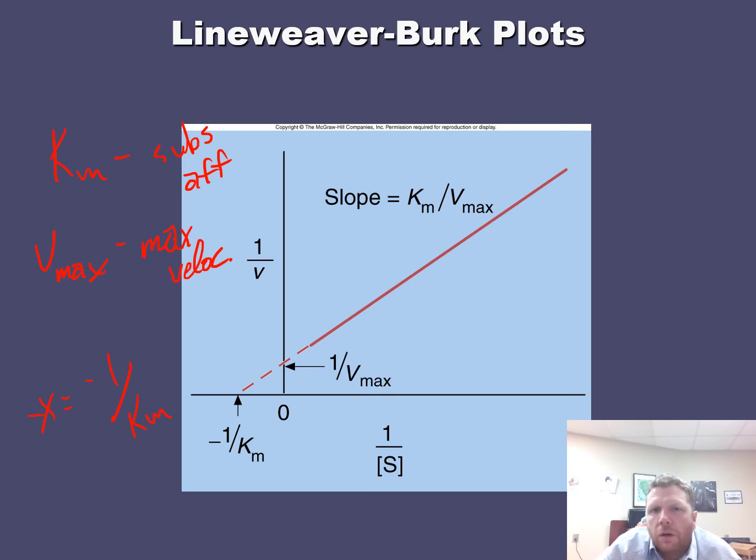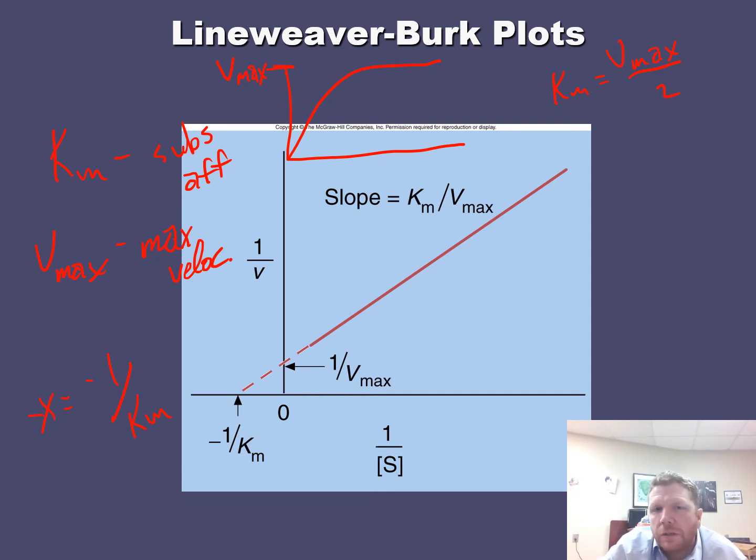So ultimately, when you take the Michaelis-Menten plot, this right here is going to be our Vmax. We can find our Km because our Km, in addition to being a measure of affinity for our substrate, is also equal to the substrate concentration where our velocity is Vmax divided by 2.